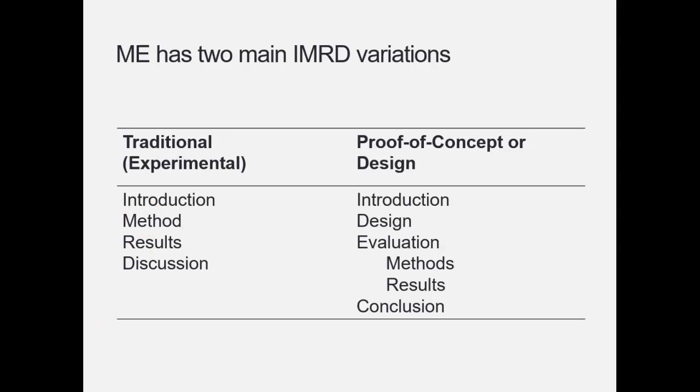A good test for deciding what kind of project you have is to ask yourself, if I were to write just one sentence that communicated the most important new knowledge gained from this project, would I be writing about the results, the new information I learned from the results, or would I be writing something about the new design or the new prototype that I made?